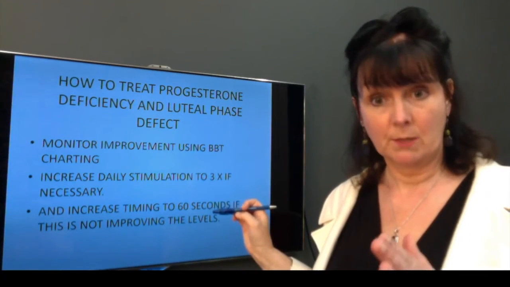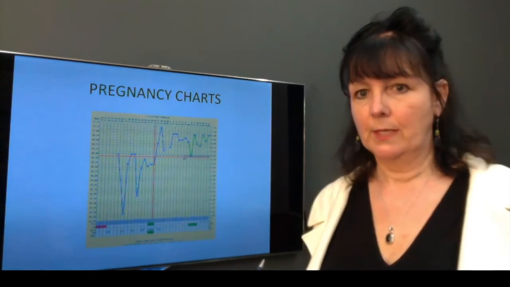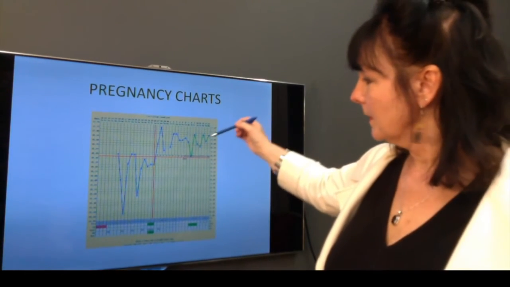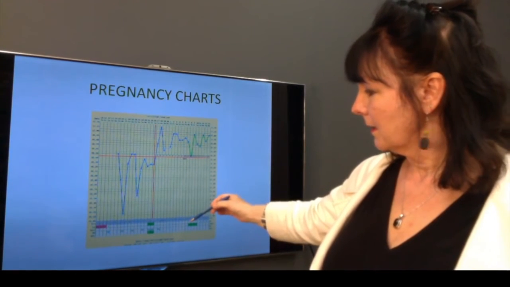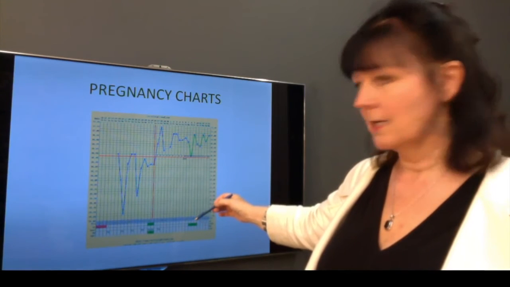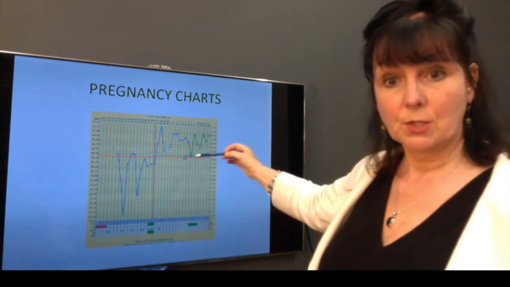It's key. Okay, so let's have a look at some pregnancy charts. What you can see here is this client has done 3 pregnancy tests, on day 29, day 30 and 31 of her cycle. So the line has changed to green.